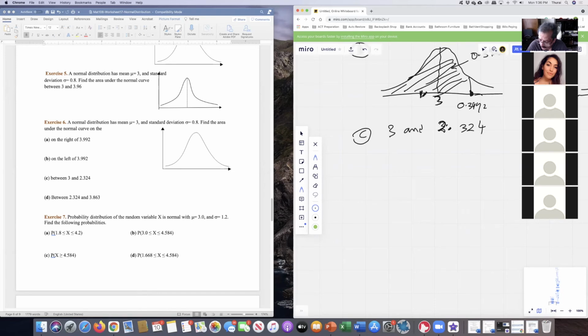So I'm going to show you how to figure out the area for that. You find the z-score equal to 2.324 minus 3 over 1.2. 1.2 is the sigma. So that's going to become a negative number.